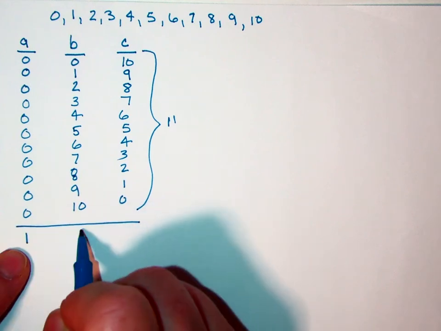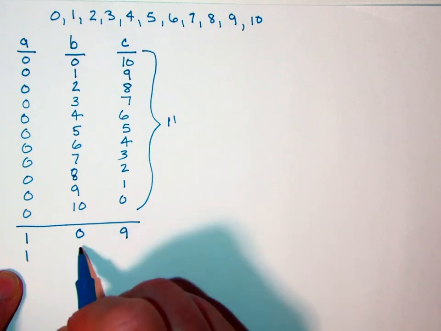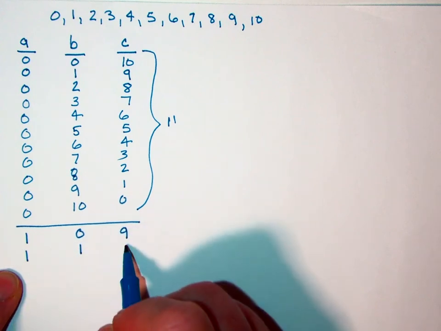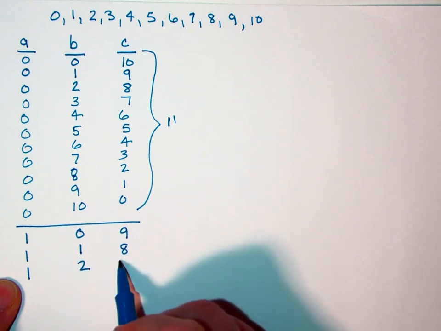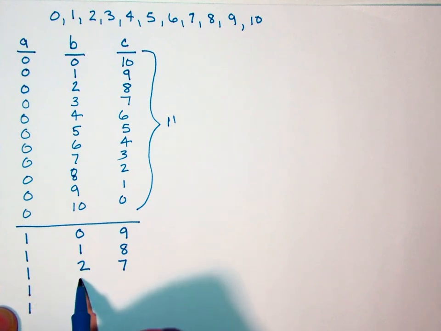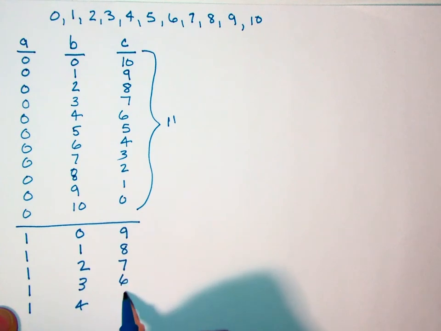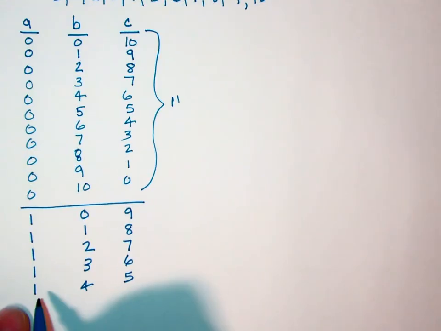11 possibilities. So now let's go to where A equals 1. So if A equals 1, B equals 0, then C has to equal 9. If A equals 1 and B equals 1, C has to equal 8. If A equals 1 and B equals 2, then C has to equal 7. And again, I can see the pattern here. A remains the same each time, B is increasing by 1 each time, and C is decreasing by 1 each time. And always check, we're keeping our rows equal to 10.